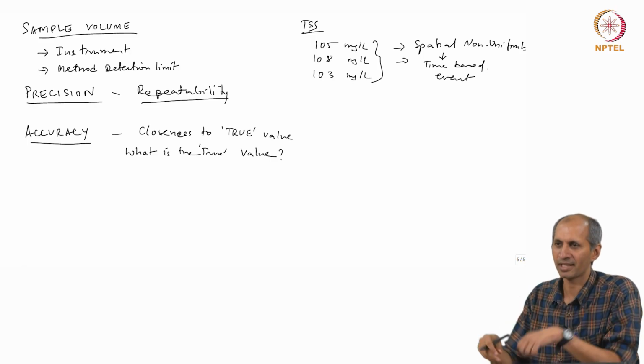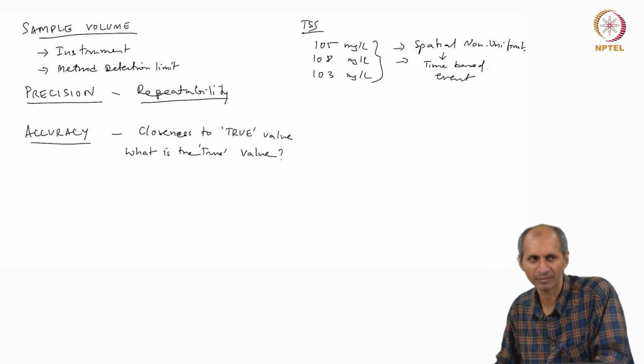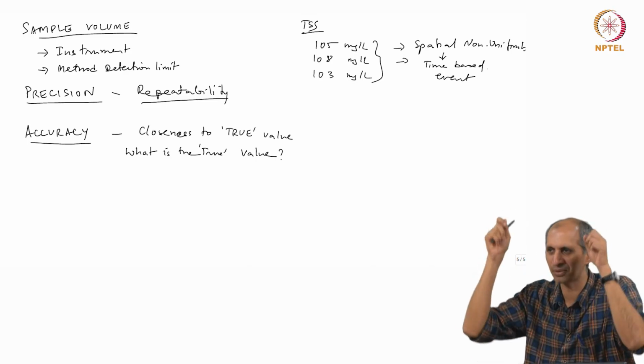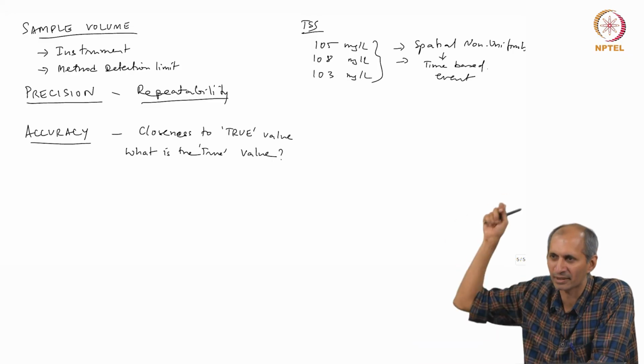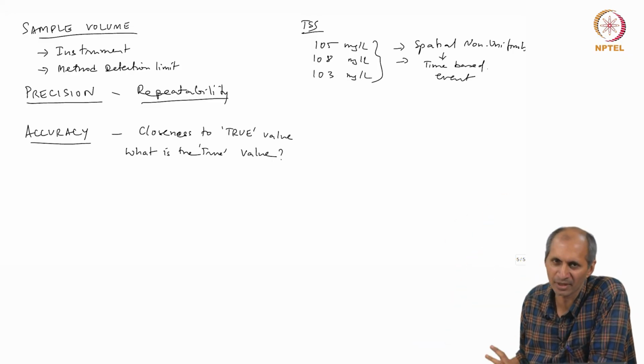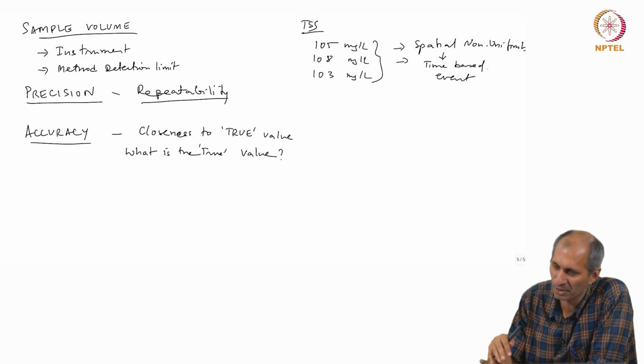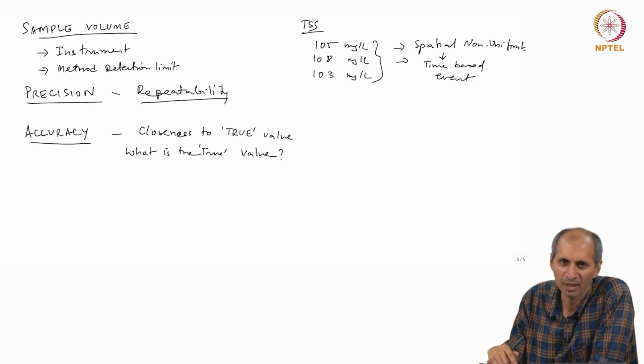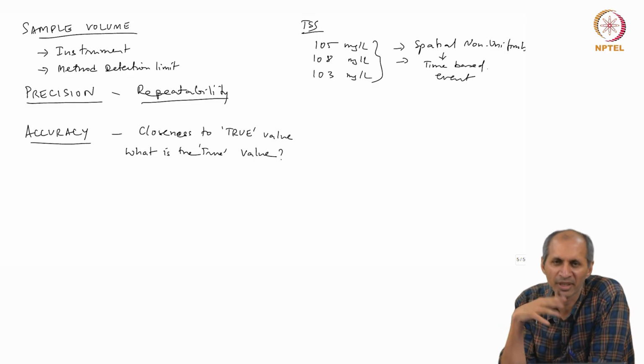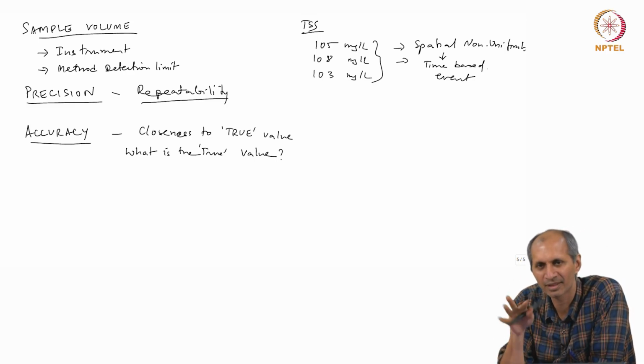Suppose I take 3 samples simultaneously, 3 of you standing there, all dipping your sampler in at the same time. There is no time-based event, so it represents spatial non-uniformity, or it could represent that the instrument or the method itself has this much fluctuation always.